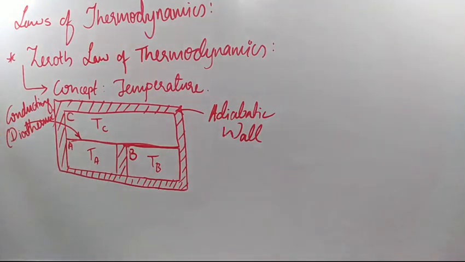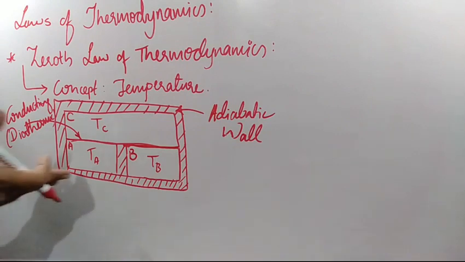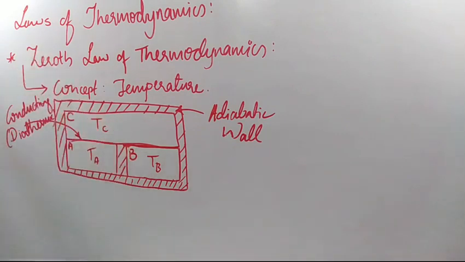So now which condition is achieved? Thermal equilibrium is achieved. What is the first definition of thermal equilibrium? Two or more objects are said to be in thermal equilibrium if they have the same temperature. Now here, all three systems are achieving the same temperature.